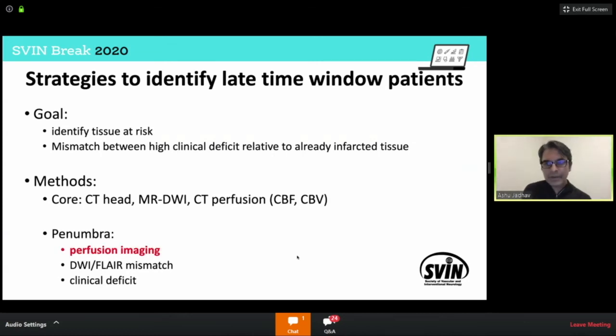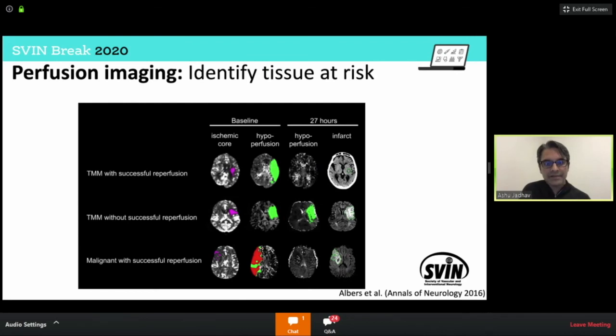So I'll talk first about perfusion imaging. This is, again, a concept that I think many of us are familiar with using CT perfusion, either in the early or late time window. And basically the concept is you can identify core based on some sort of aspect of perfusion imaging, whether that's relative cerebral blood flow as they use in the RAPID software, or cerebral blood volume.